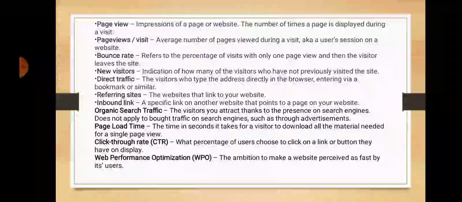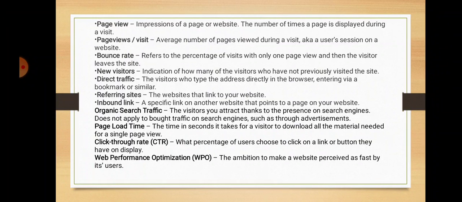Then direct traffic, the visitors who type the address directly in the browser or enter via a bookmark or similar. Then a referring site, another website that links to your website. Then inbound link, a specific link on another website that points to a page on your website. Then organic search traffic, the visitors you attract thanks to the presence on search engines.